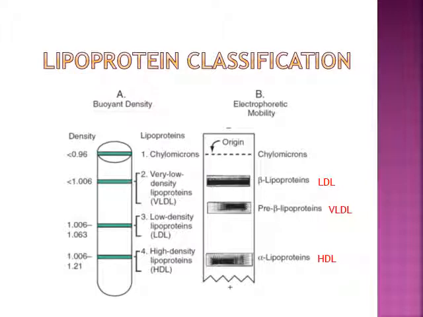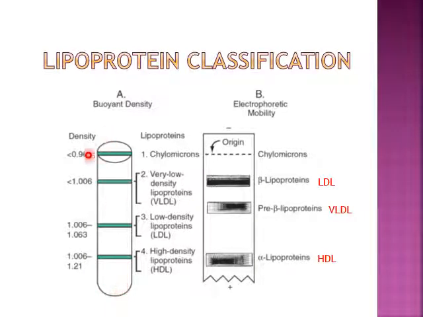Lipoproteins can be separated in the laboratory. They can be separated by ultracentrifugation or by electrophoresis. If you centrifuge the mixture of lipoproteins in the blood by ultracentrifuge, they are separated based on their density. So the one that has the lowest density of all will remain on top, but the one that has the highest density will travel all the way and sink to the bottom of the test tube.